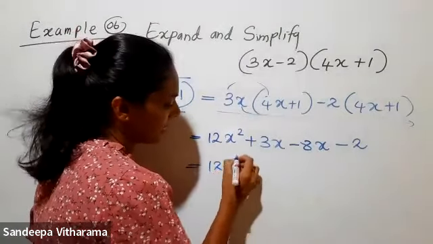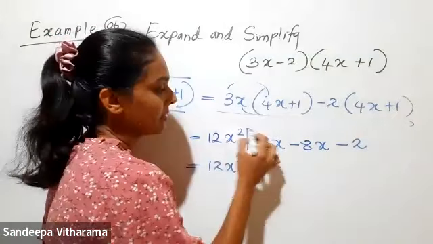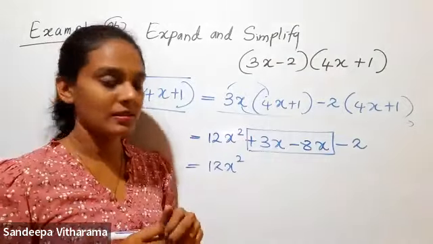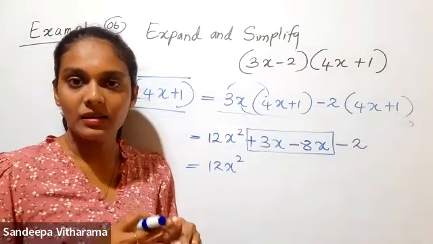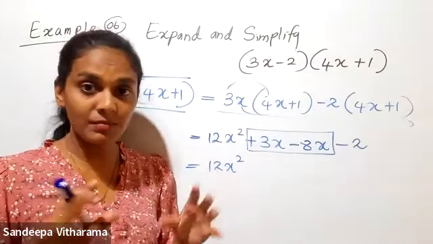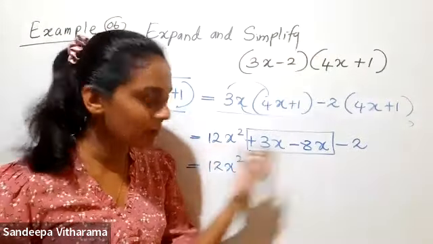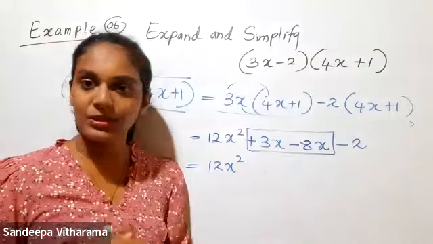12x squared. Look here, different sign numbers are near to each other. It is not a multiplication or a division, or you can just think it is subtraction. They are just near to each other.